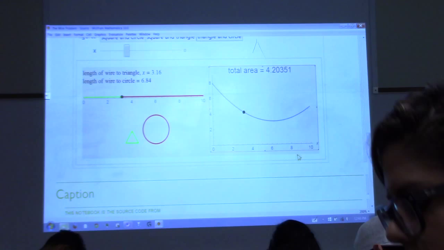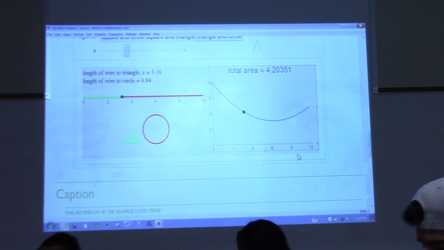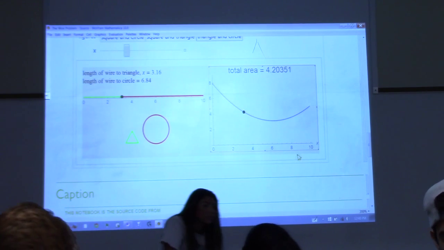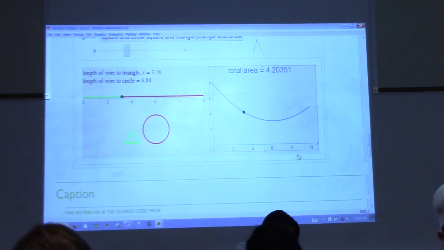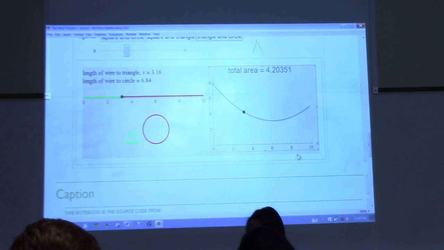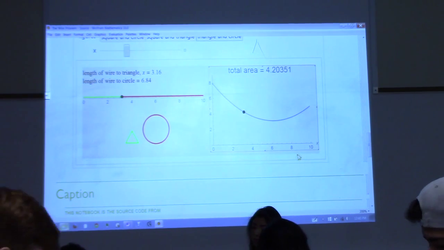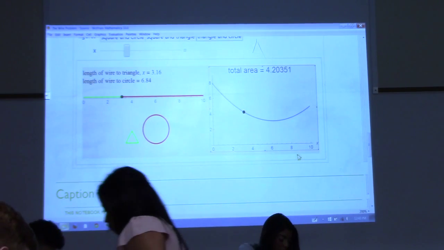Now, this problem is not going to seem like it's very applicable, but let's say I have a wire, and I'm going to cut it somewhere. For the first part of it, I'm going to create a triangle out of this wire. Little triangle, okay? And then the other part, I'm going to form a circle. How do I do it so that I get the most area out of both the triangle and the circle?